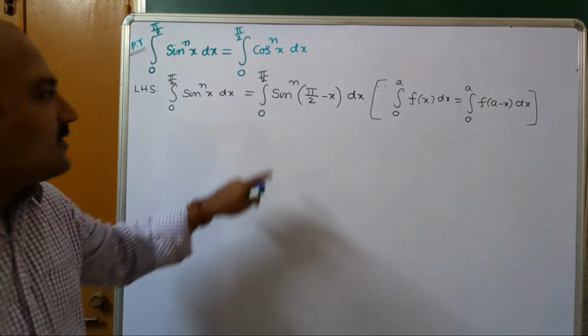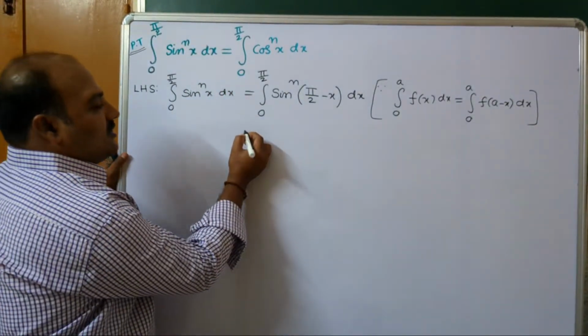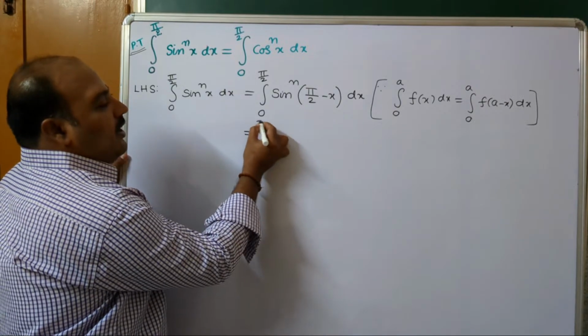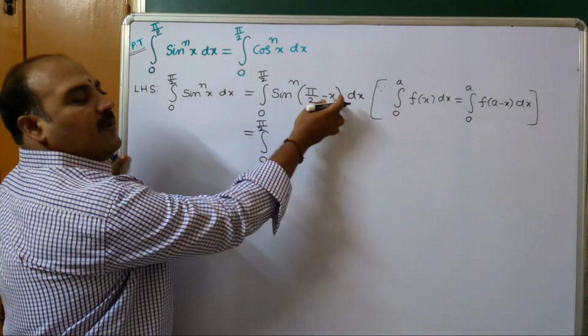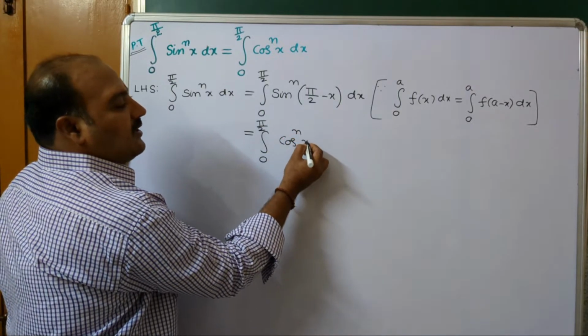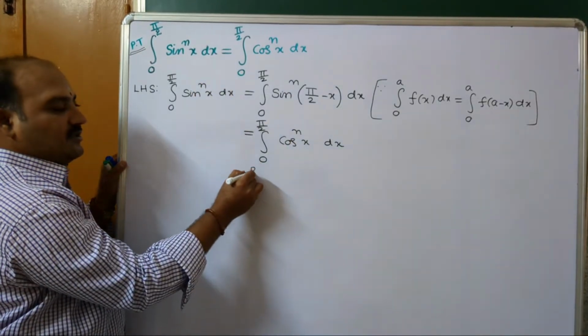We know that sin of 90 minus theta is cos theta. Therefore, integral 0 to pi by 2, sin of pi by 2 minus x is cos, so cos power nx dx. So this is the required RHS.